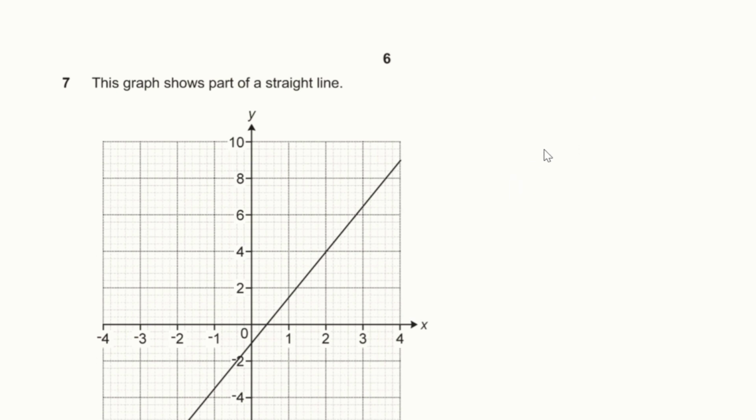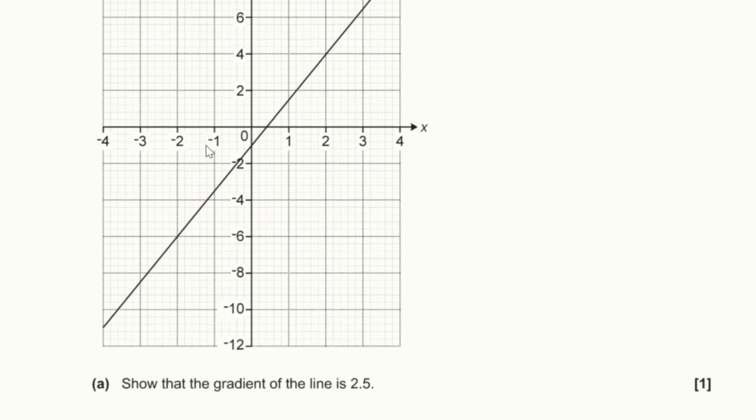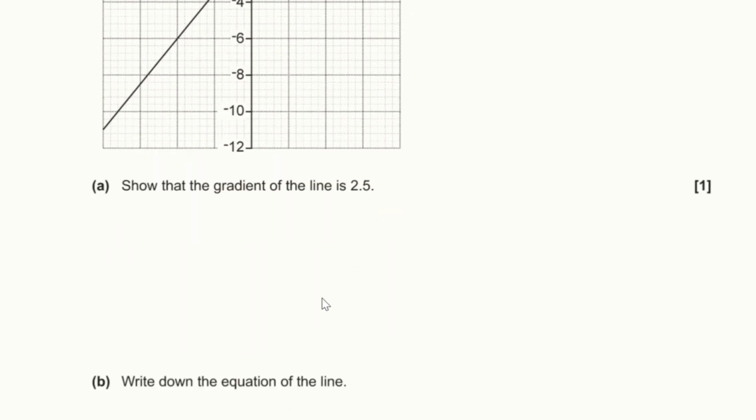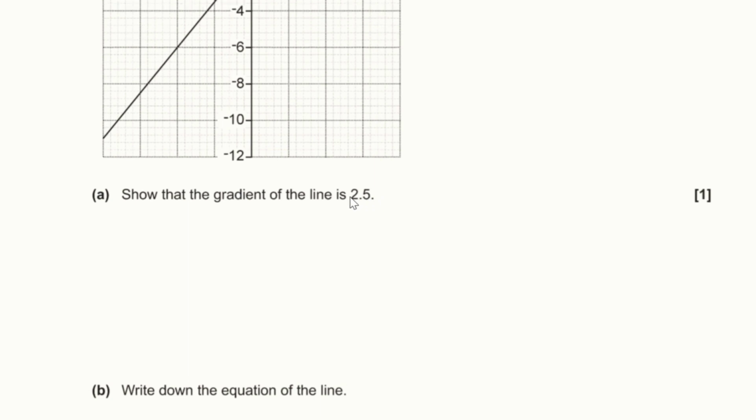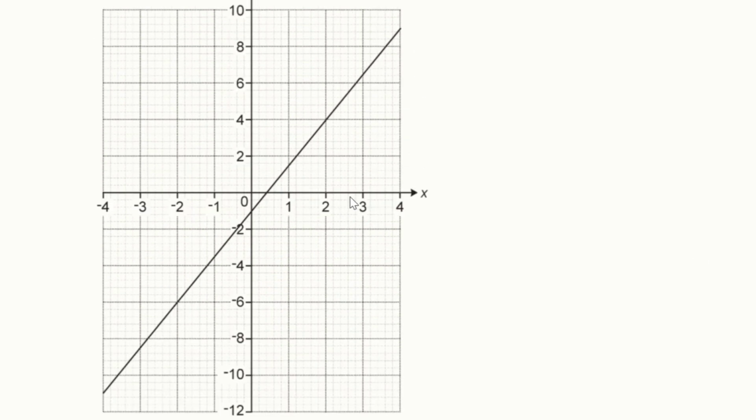Question number 7. This graph shows part of a straight line. For part A, we have to show that the gradient of the line is 2.5. Now, for the gradient, we need the change in y over the change in x. So, the change in y, let's pick any 2 points.